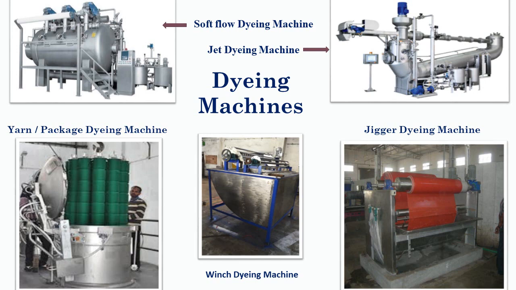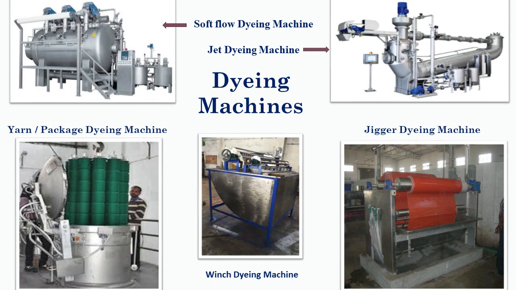In various forms we can carry out dyeing: in fabric form, in package form, in yarn form, beam form, and so on. In the middle you are observing winch dyeing machine, and at bottom right you can observe jigger dyeing machine. In Ichalkaranji, in most of the process houses, we observe jigger dyeing machines.